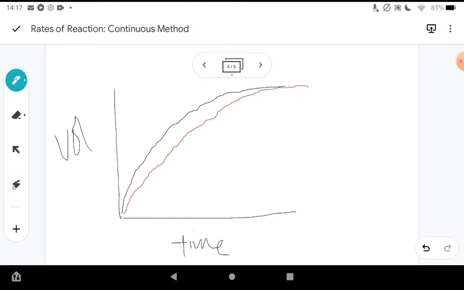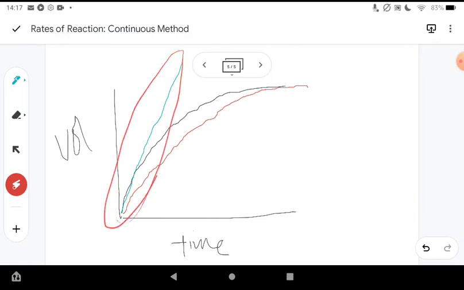Then you use that ruler to draw a straight line, and it's a little bit wobbly there just because of what I'm doing it on, but you draw a straight line. Now this gradient here, that is your initial rate of reaction.